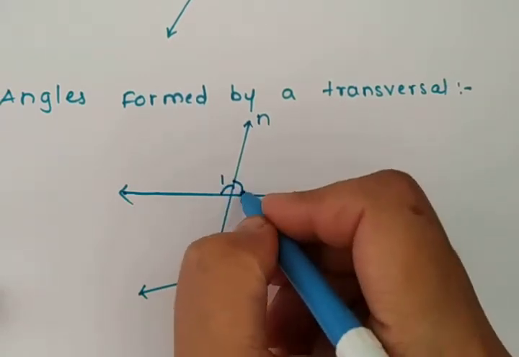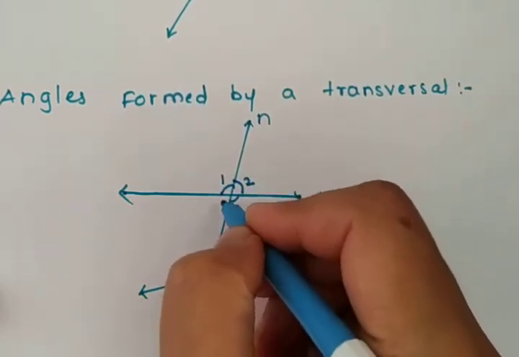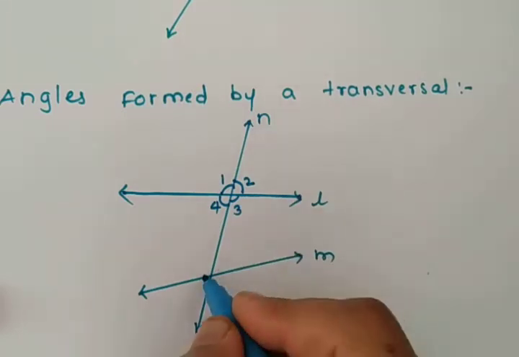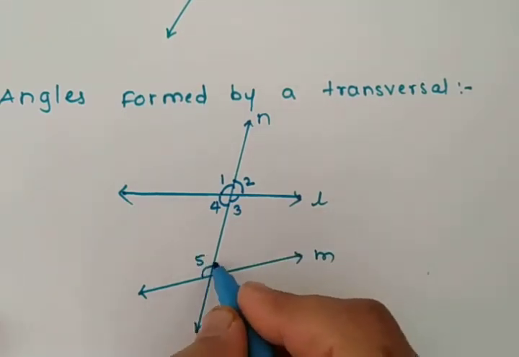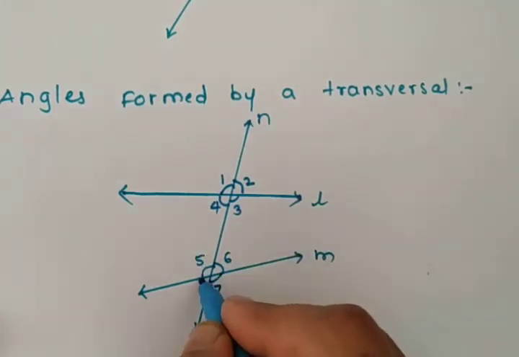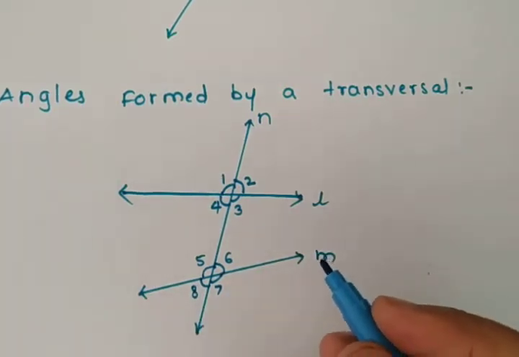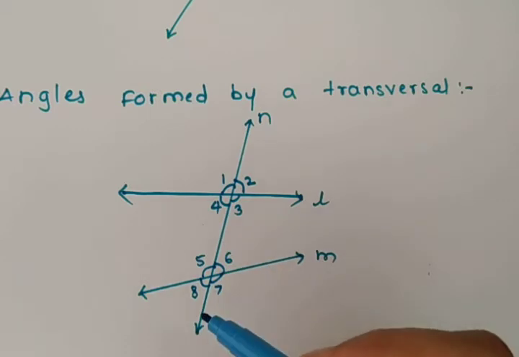First we'll number them: angle 1, 2, 3, 4, and here 5, 6, 7, 8. So here a total of 8 angles are formed, right? So we'll see what these angles are called.